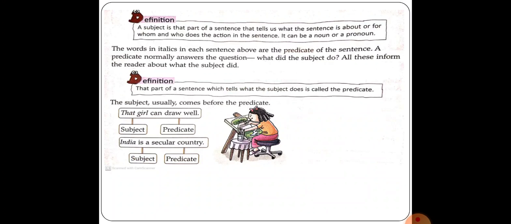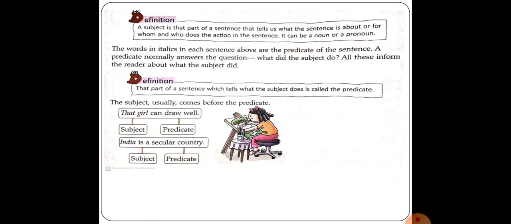Means it tells us about the work of the subject, what action the subject does. Now the definition is this: that part of a sentence which tells what the subject does is called the predicate. The subject usually comes before the predicate.